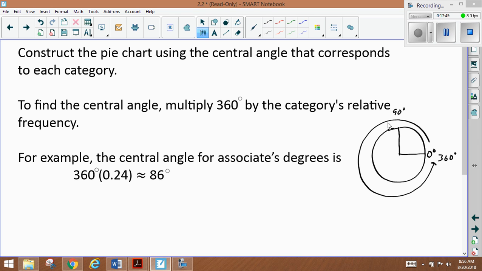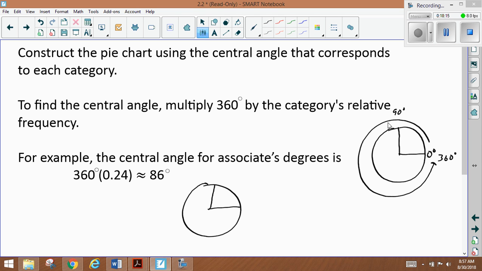Associate's degrees are 24%, so what's that going to look like? If this is 25%, then 24% should be somewhere around here. And you can figure that out if you have a protractor.